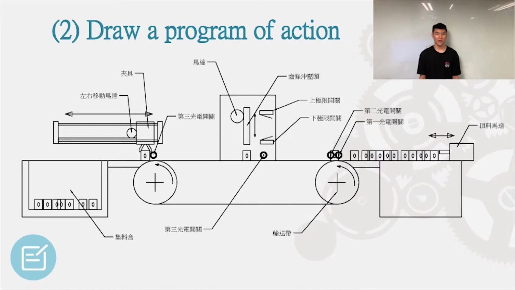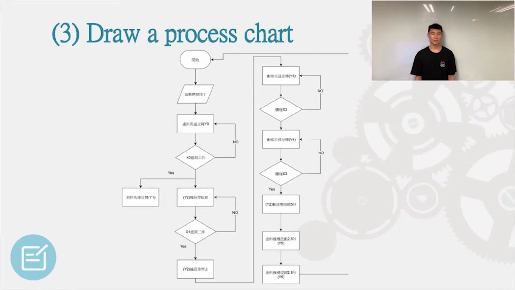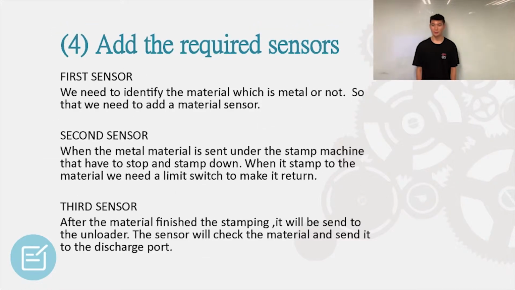Draw a program of action. Draw a process chart. Add the required sensors. First sensor: we need to identify whether the material is metal or not, so we need to add the material sensor. Second sensor: when the metal material is sent under the stamp machine, it has to stop and stamp down.